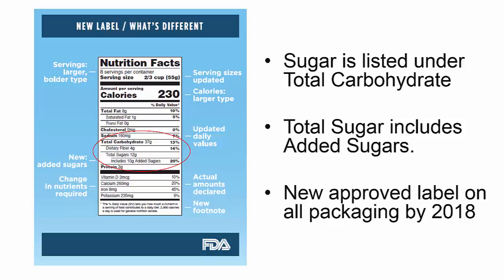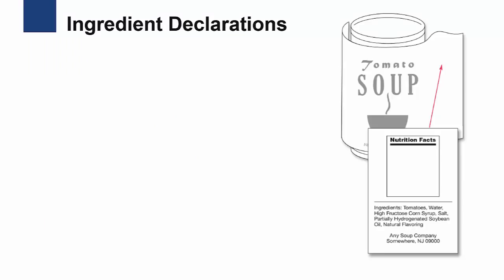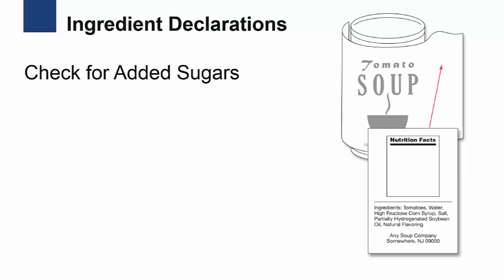When reading ingredient declarations, look for the specific names of added sweeteners, such as sucrose, fructose, glucose, high fructose corn syrup, lactose, and maltose. You may also see other refined sugars, such as confectioner's sugar, powdered sugar, dextrose, maple syrup, turbinado sugar, sugar alcohols, and high-intensity sweeteners.